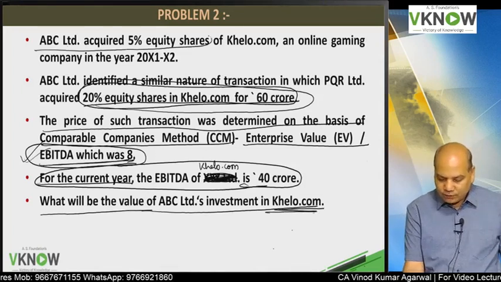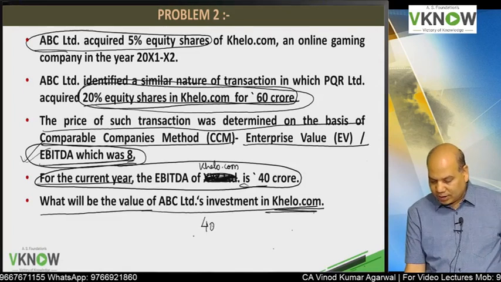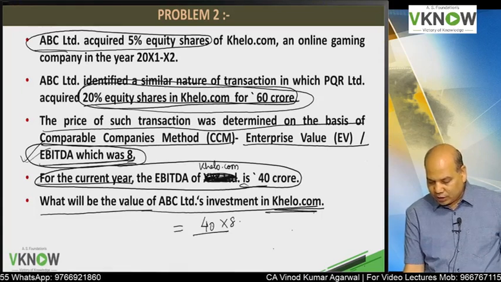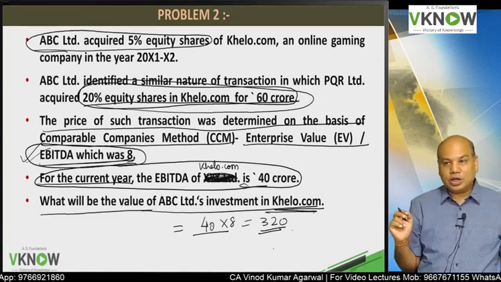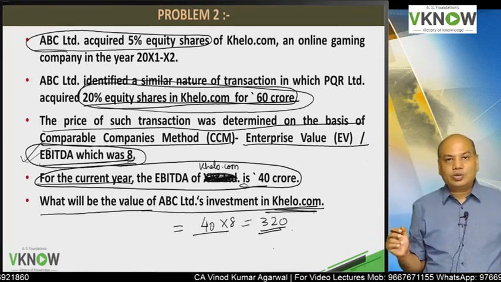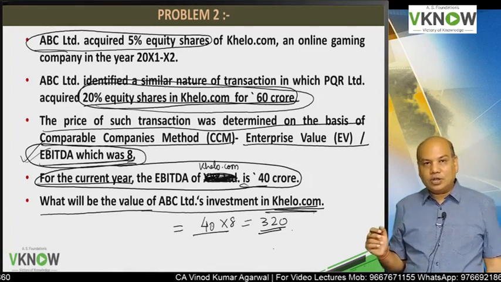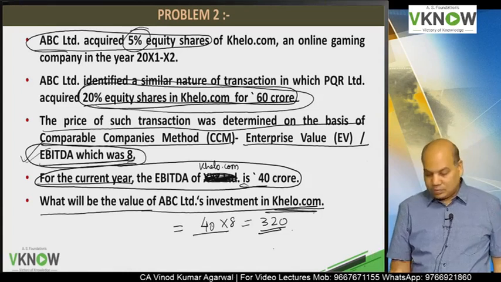ABC is holding only 5% share. So 40 crore is the EBITDA multiplied by 8, so the valuation of this company will be 320 crore. Khelo.com now will be valued at 320 crore at the EBITDA of 40 crore. But ABC is only holding 5% share.